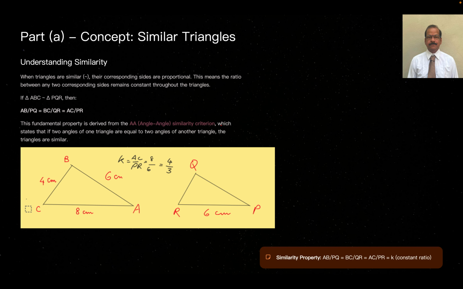Here is the scale factor: K equal to AC by PR equal to 4 by 3. If you take it from PQR to ABC, the scale factor is more than 1. If you are trying to mark the sides of PQR with respect to ABC, then the scale factor will become 3 by 4.